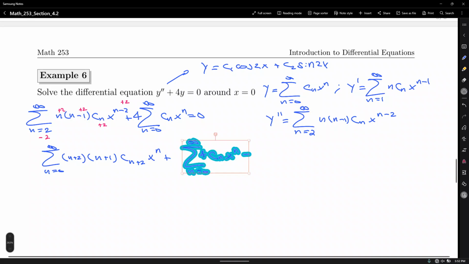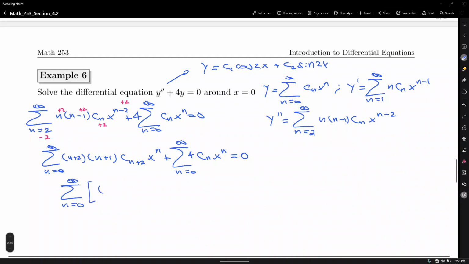That'll be much better. That equals 0. And we're ready to combine the two series together. Sigma n equals 0 to infinity, bracket, n plus 2, n plus 1, c sub n plus 2, plus 4 c sub n, x to the n, equals 0.